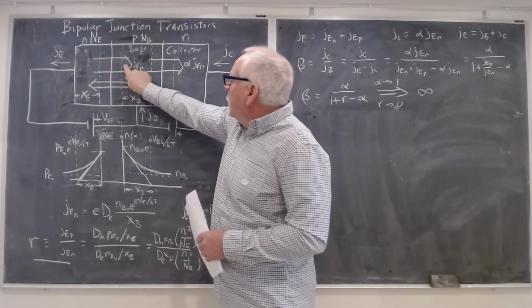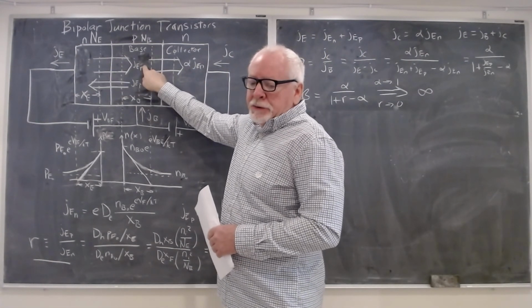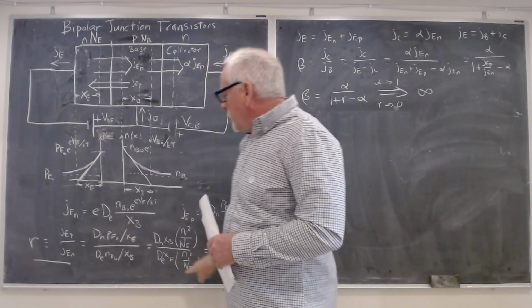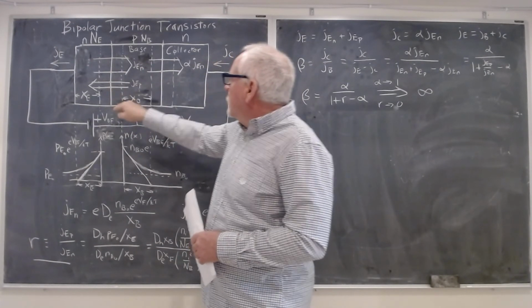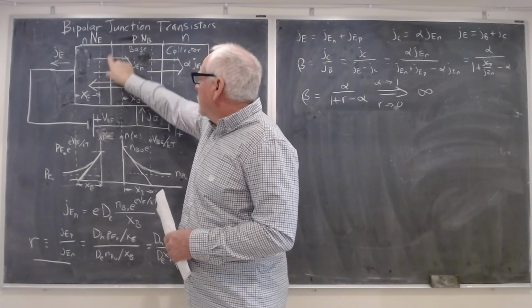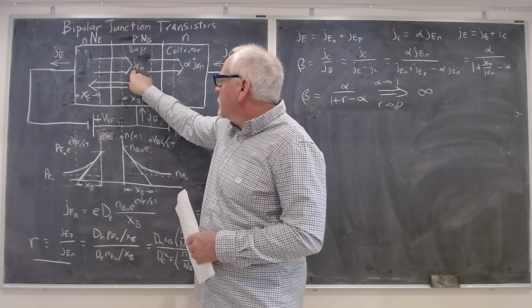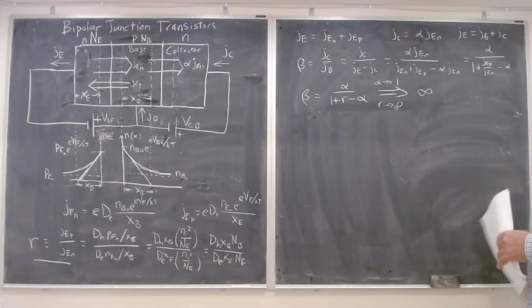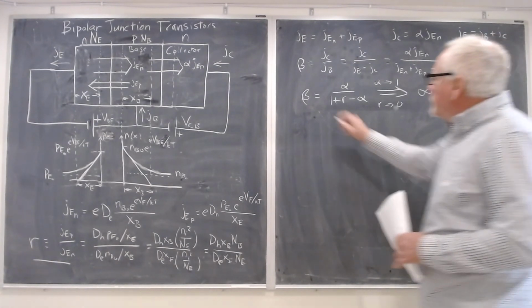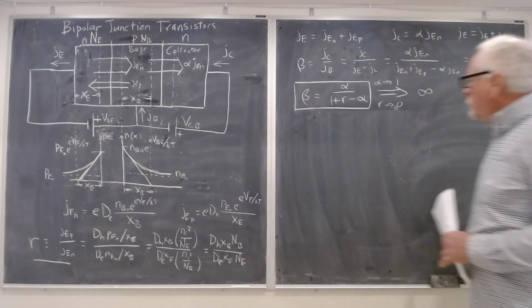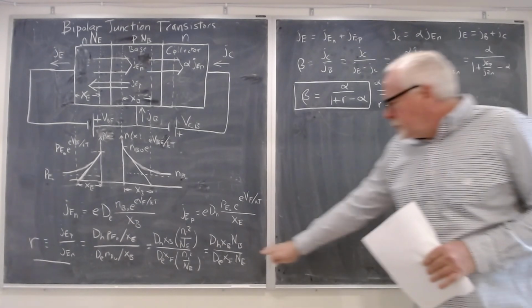Now what does that mean? That means we don't lose any of these electrons in the base. And we want R, the ratio of these two, to go to 0. And what does that mean? That means that the current component across here is just this component here. So that's our perfect condition. But this is our result, where R is given over here.